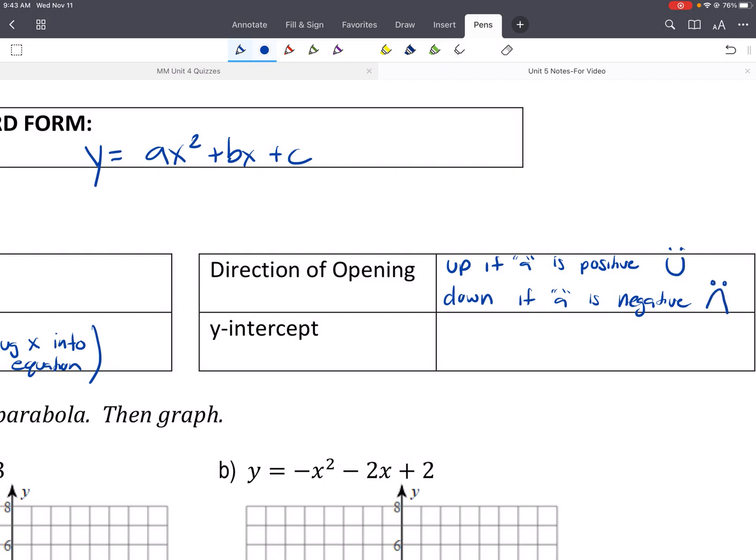And the y-intercept is really nice to find. It's always going to be 0, c. You can find the y-intercept from any form by just setting x equal to 0. For this one, we would just get c left over, but you could do that for any of them by setting x equal to 0 and solving.